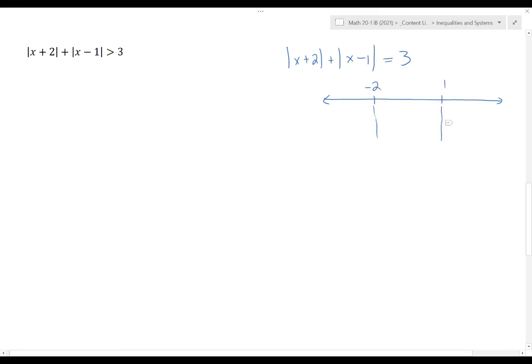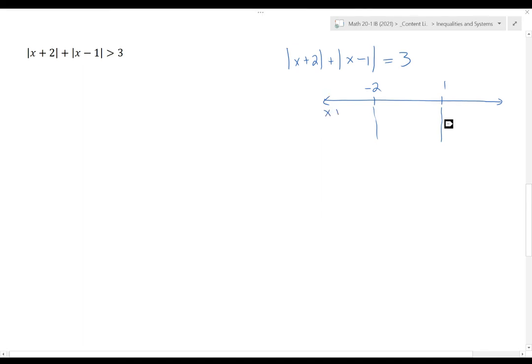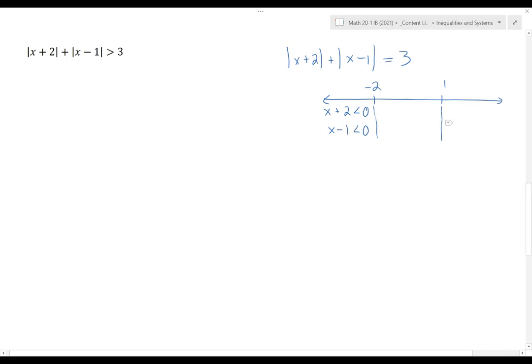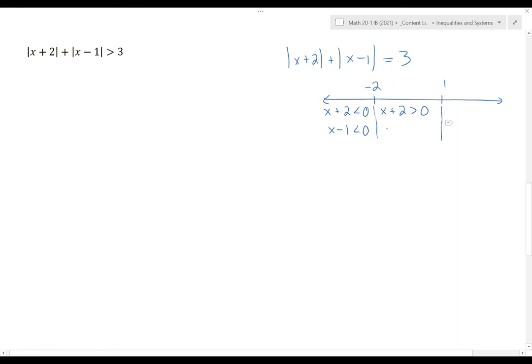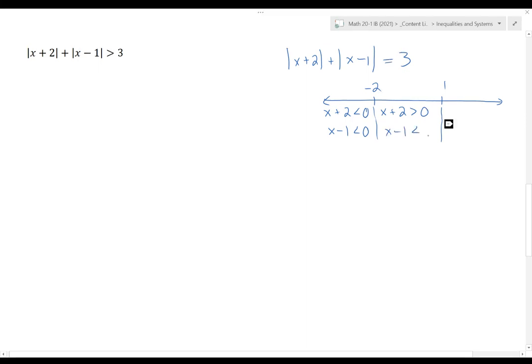So case 1 is going to be, they're both negative. So x plus 2 is less than 0 and x minus 1 is less than 0. In case 2, x plus 2 is going to be greater than 0, but x minus 1 is still less than 0. And in case 3, they are both going to be greater than 0. So my 3 equations that I have to solve.